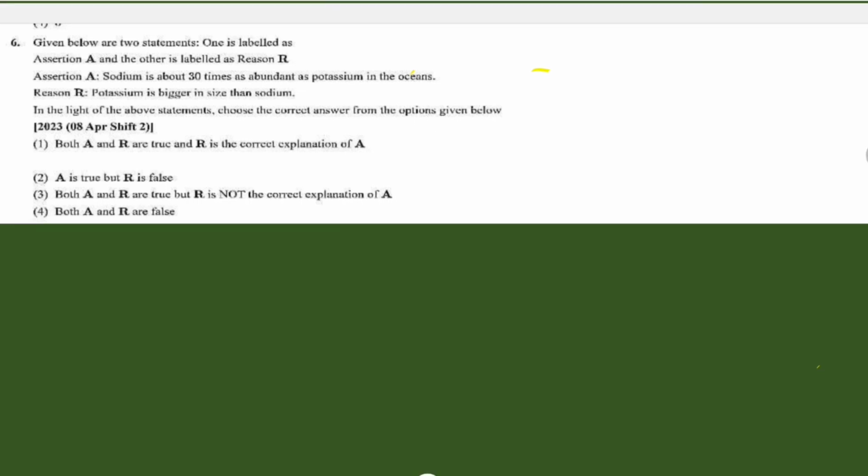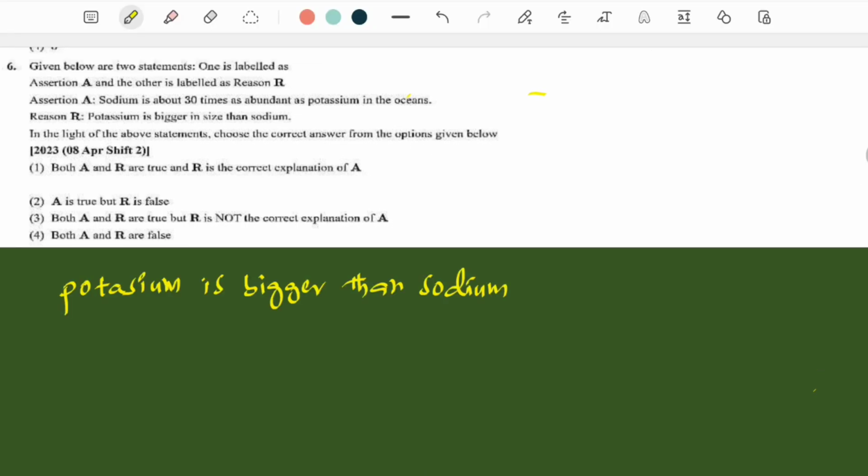In the above question, potassium is bigger than sodium. Potassium has an additional electron shell. The outermost electronic configuration of potassium is 4s1 and of sodium is 3s1.